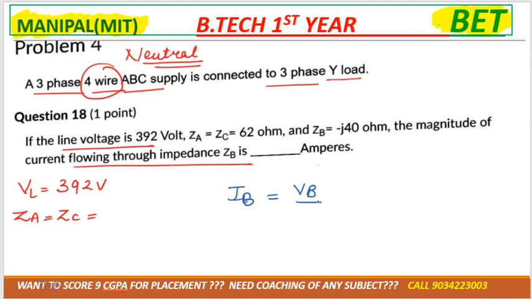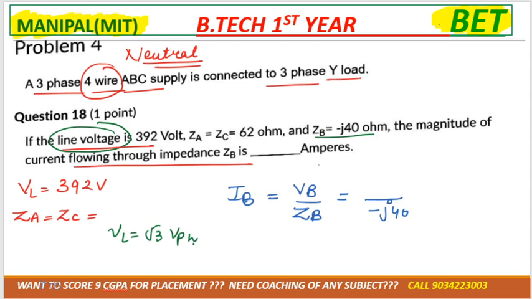That would be VB divided by ZB. ZB is given, that is minus J40, correct? We need to calculate VB, right? They have given you the line voltage, so VL equals root 3 VPH. So 392 divided by root 3, correct?